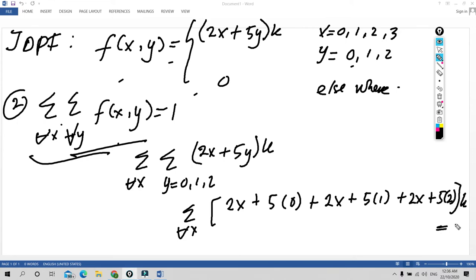This is equal to 1. If you solve this one, we have 2x three times, so 6x, plus 5 multiplied by 0 is 0, plus 5 is 5, plus 15. Plus 15k.